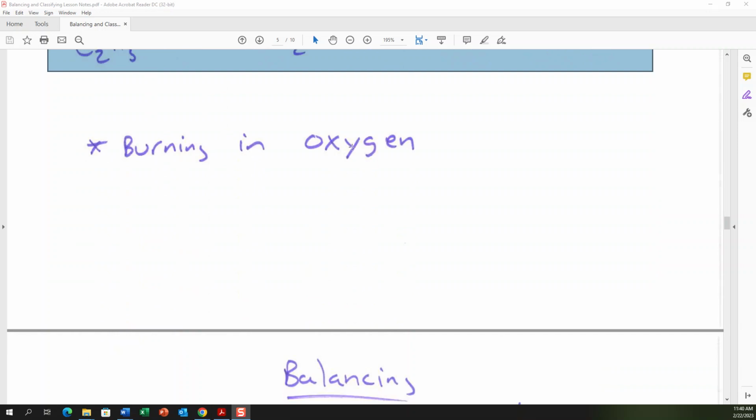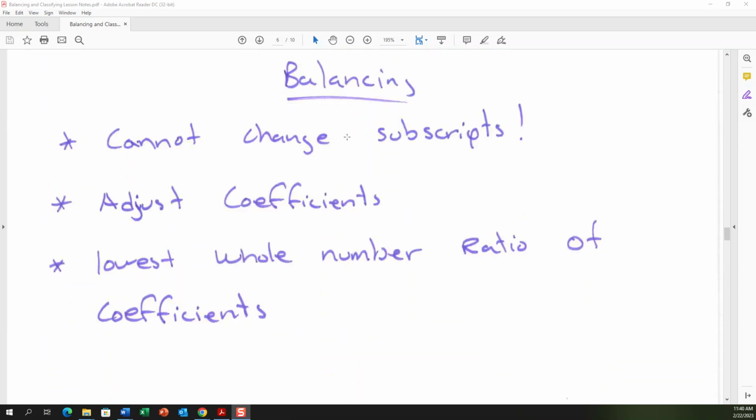All right. So now let's talk about balancing. When you balance, I like to just go back and forth, except if it's a combustion reaction. If it's a combustion reaction, I use a systematic process, which I'll show you in a second. But you just go from one side of the equation to the other side of the equation, and you just adjust your coefficients. You can't change the subscripts. The subscripts are what make the formula the correct formula, right?